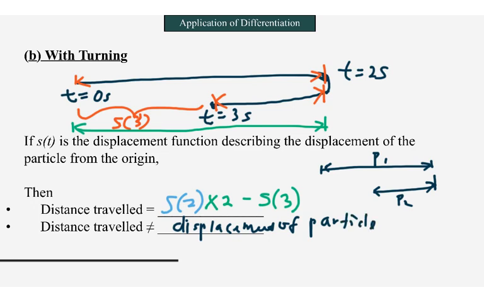Because if you have a particle traveling, and you are looking for s3, that means the displacement of the object at t equals 3, you are only getting the distance from here to here. You are only getting the distance from the origin when t equals 3, only this particular part. So the distance traveled is not equivalent to the displacement of the particle.